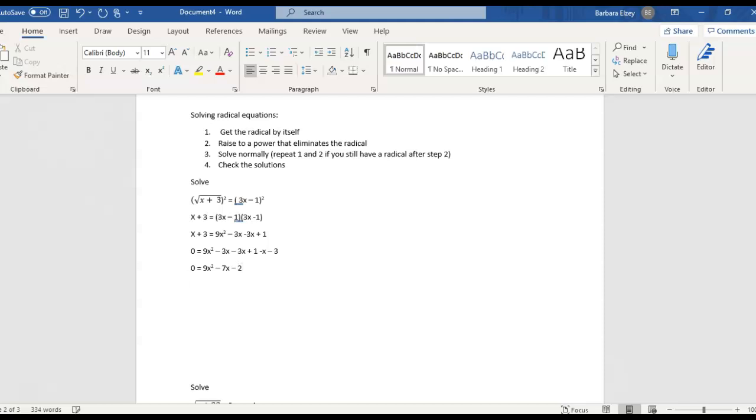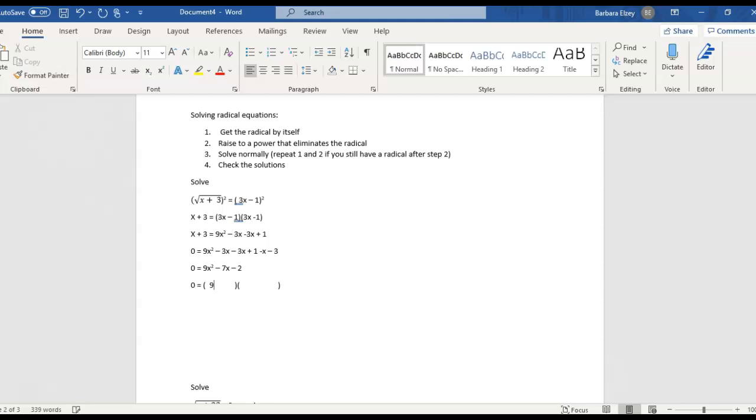And I do believe this factors, so let's see if we can figure this out. All right, so 9x squared. Normally I would probably choose 3x and 3x, but I can actually see the solution as I'm looking at it.